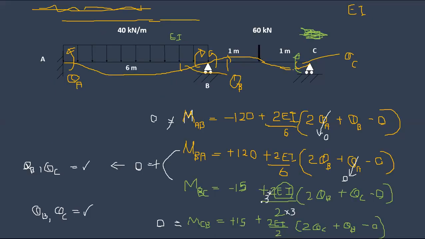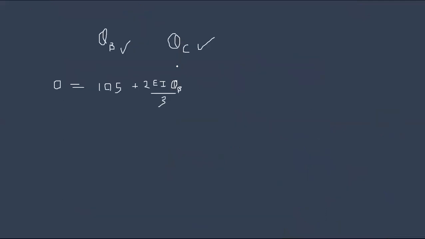And from the second equation, you will have 2 getting cancelled. 6 EI theta B over 3, right?